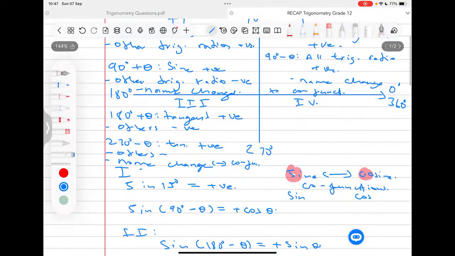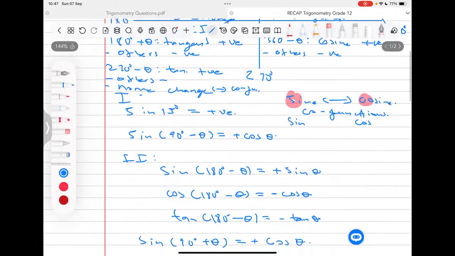Then we go to the fourth quadrant now. If you go to the fourth quadrant, you would see that I can define angles here by saying 360 minus theta. When you see that, it means these are angles in the fourth quadrant. Here, only cosine is positive, the others are negative.